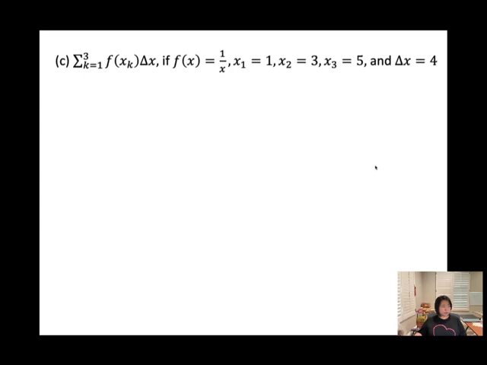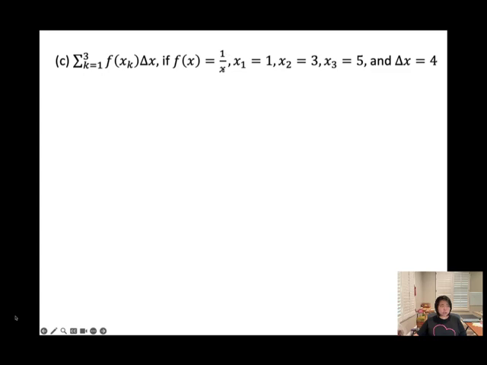Okay, one more example. You will have the delta x here, and the delta x will be equal to 4. Okay, and then f of xk. So when k equal to 1, x1 is gonna be equal to 1.